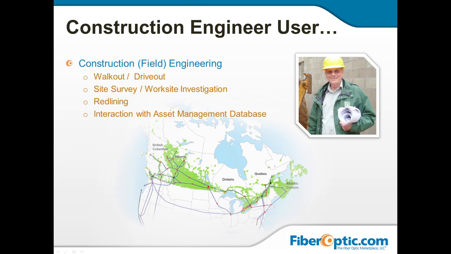All of this information can then be loaded into the database and associated to an object within the database. That object could be a pole or a building, a floor, any kind of database object.